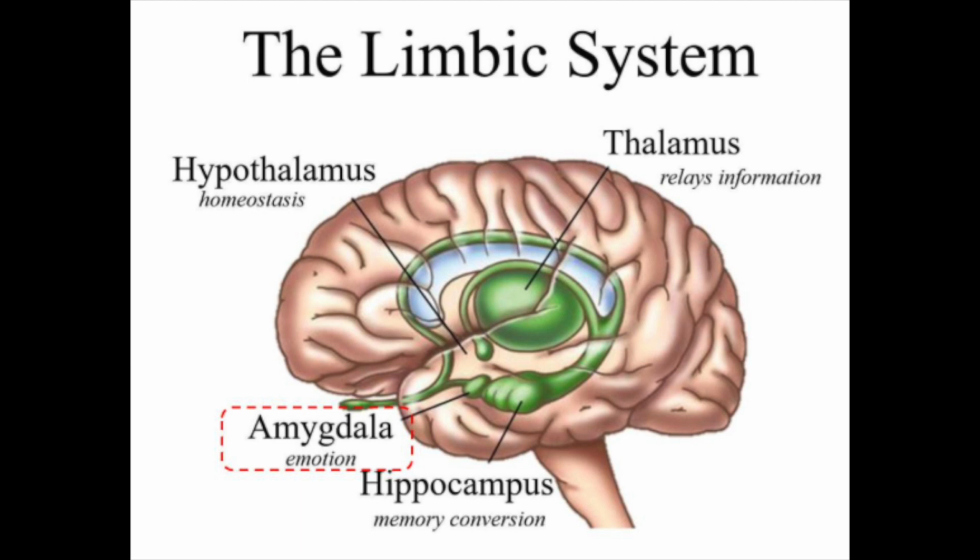Probably your syllabus doesn't require us to go into this depth, but I thought having this understanding will really help you understand the impact of trauma. To remember these four parts in the limbic system, the clue I'll give you is: remember a hippopotamus wearing a hat.